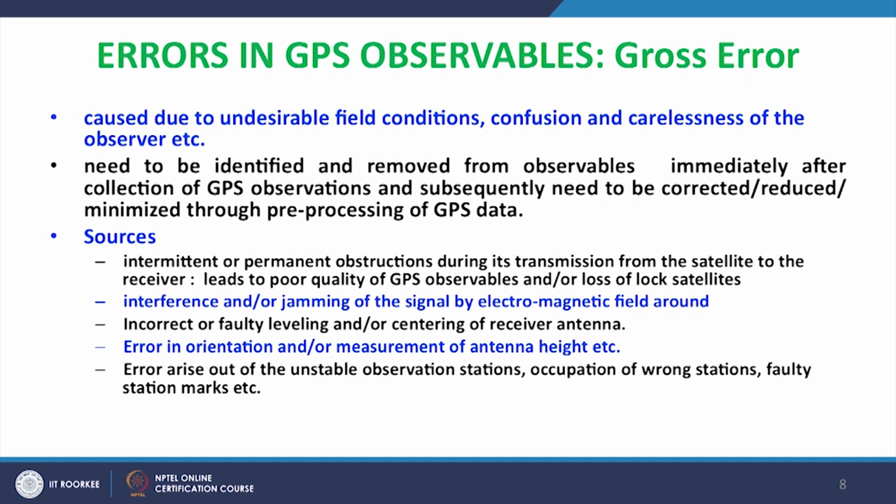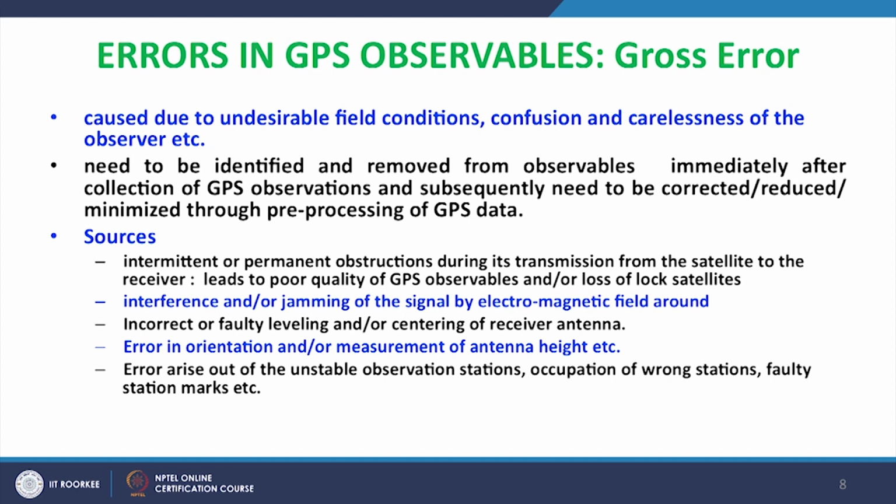However, these errors need to be removed immediately after collection of GPS data. Of course, before removing, we need to identify whether our data is associated with a gross error or not, and if the data is associated with gross error, then we have to remove those errors.